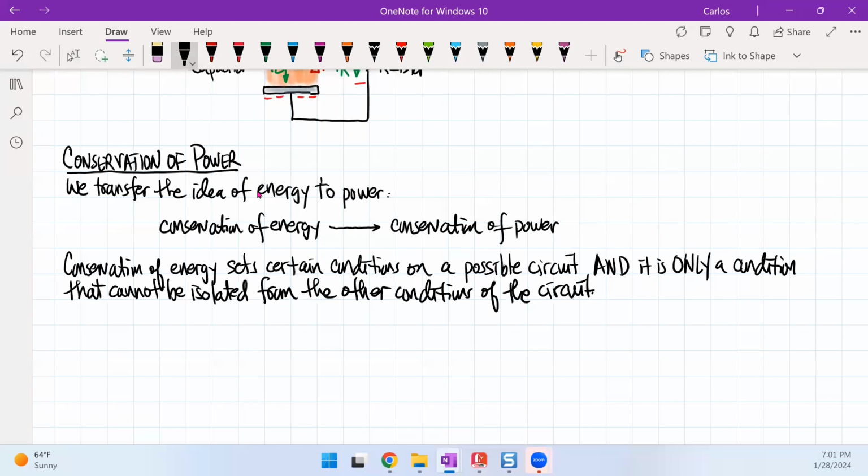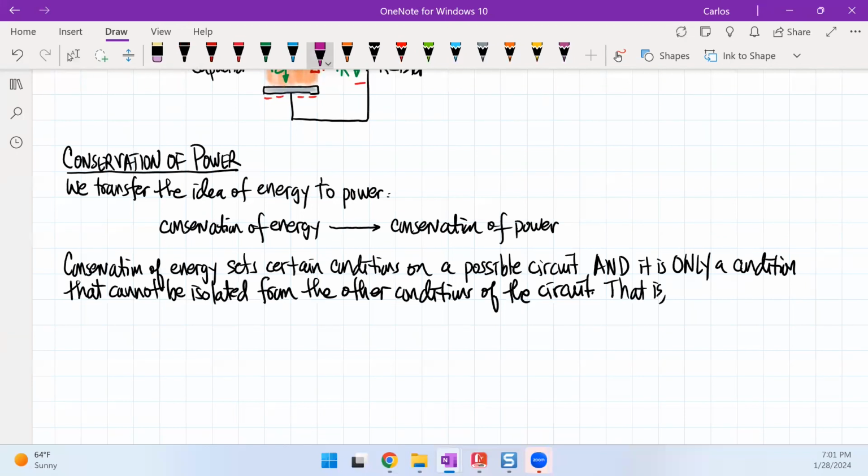For example, we may need more details that Kirchhoff's laws provide. I'm going to say this again because this is something that happens in circuits that people misunderstand.